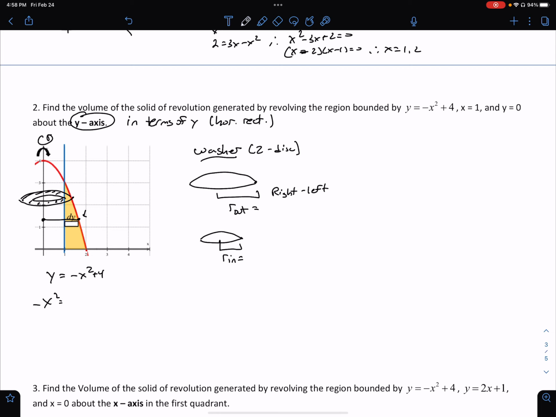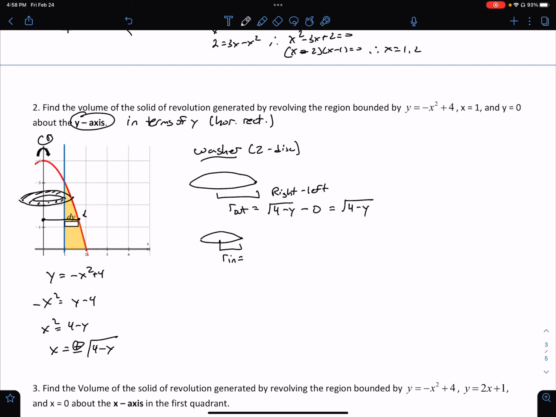Solving for x, we get x squared equals just 4 minus y. So x is plus or minus the square root of 4 minus y. We want the positive because we're in the first quadrant here. So on the right is the square root of 4 minus y. And on the left, remember, over here is my axis of revolution, which is again just 0. So this is just the square root of 4 minus y.